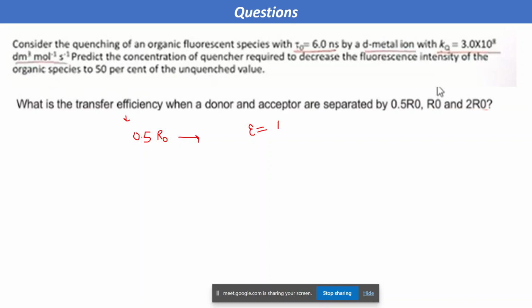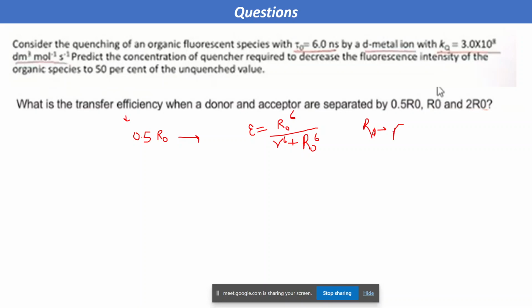Energy transfer efficiency is equal to R0 to the 6 by R to the 6 plus R0 to the 6. So what is R0 here? R0 is the Foster radius, correct.